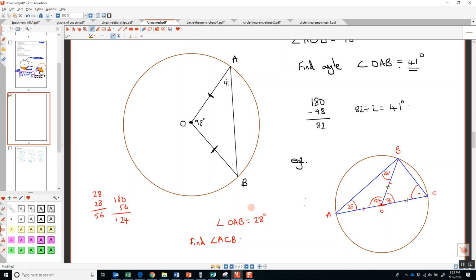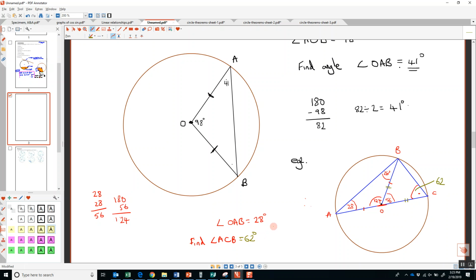So this is 56. 180 take away 56 is 124. Divide it into 2 and I get 62. Then just add those two and calculate them.